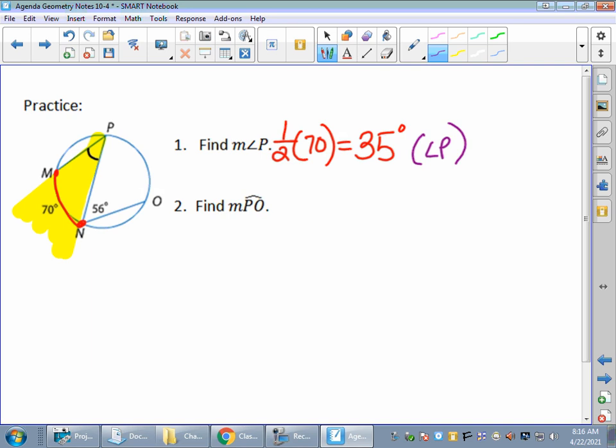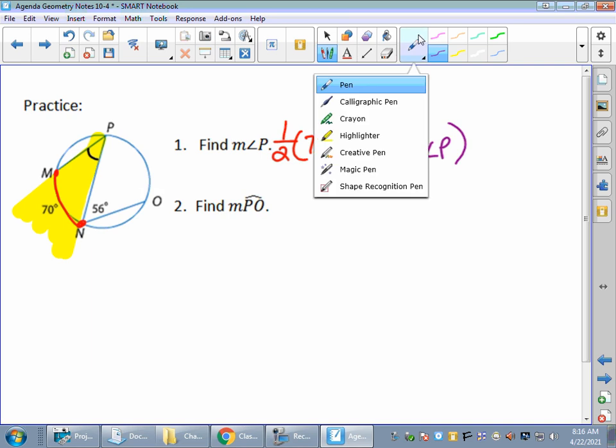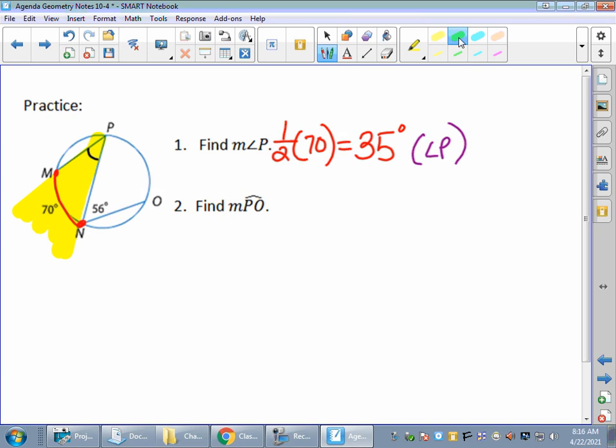Find the measure of arc PO. This one's a different one, so I'm going to highlight a little differently. Arc PO goes from here to here, so I'm going to highlight my way in. If I trace the chords that cut off PO, I'm looking at this as my inscribed angle.